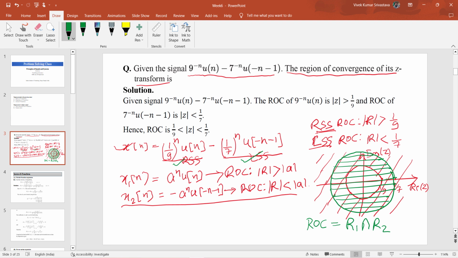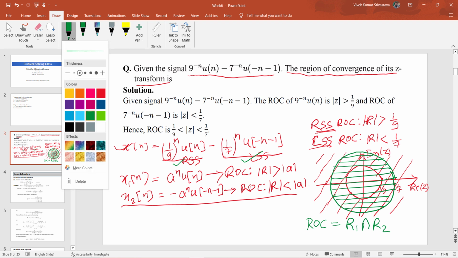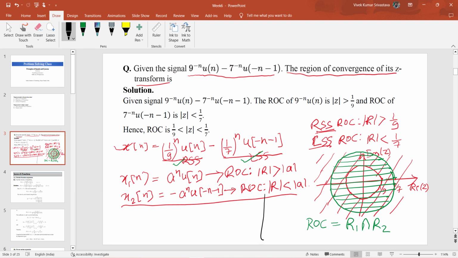So the net ROC, if you plot it here, is basically a ring shape, because if you take the intersection of these two, this is the ROC, which is a ring shape.